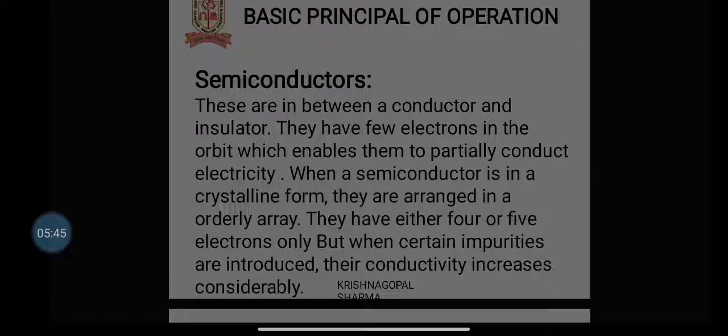Semiconductors are in between a conductor and an insulator. They have a few free electrons in the orbit, which enables them to partially conduct electricity. When a semiconductor is in crystalline form, the atoms are arranged in an orderly array. They have either 4 or 5 electrons only, but when certain impurities are introduced, their conductivity increases considerably.